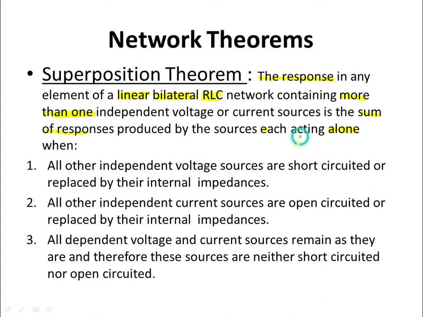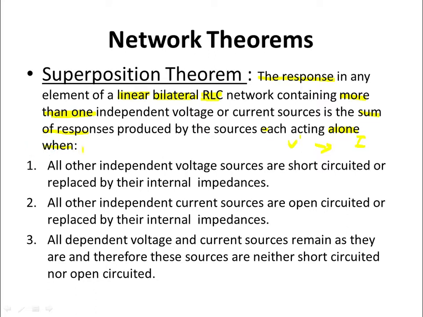In that question, first we assumed the voltage source and ignored the current source, and in the second case we considered the current source and ignored the voltage source, and then in the end we combined the results to get our answer. So the total result is the sum of the responses produced by the sources, each acting alone.